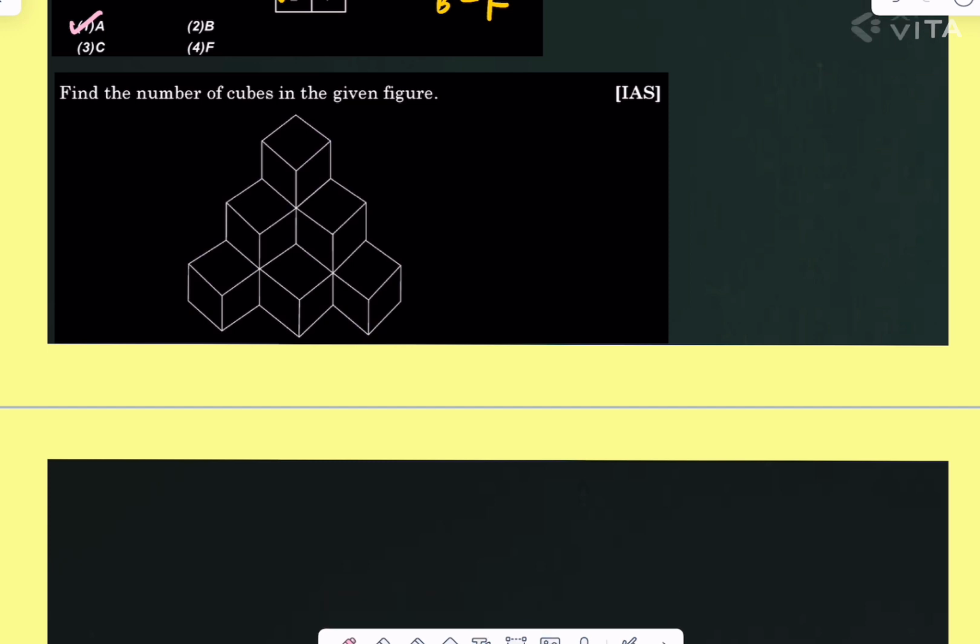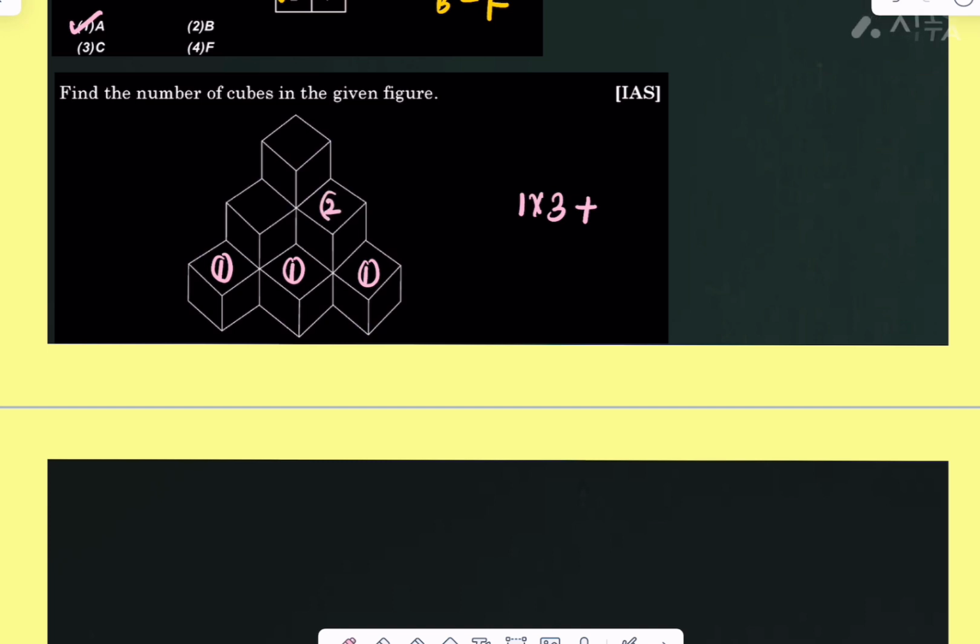So here they are asking the number of cubes in the given figure, right? They are asking like that. Now if I take here, some columns are there with one cube in each column, and this column, so these contain one cube in each column, right? So how many columns with one cube are there here? So 1 into 3, so 3 cubes are there here. And there are two columns with two cubes in each column here.